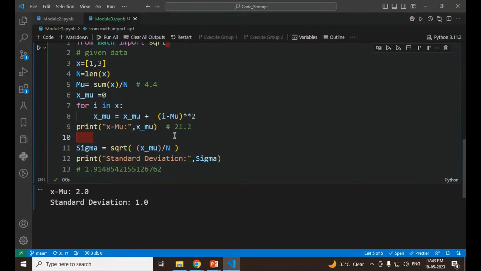Then we print this whole thing, it becomes 2. Then x minus 2 becomes 2, so this is 2 divided by n, which is 2 divided by 2. How much is 2 divided by 2? 1. Square root of 1. So the answer is 1.